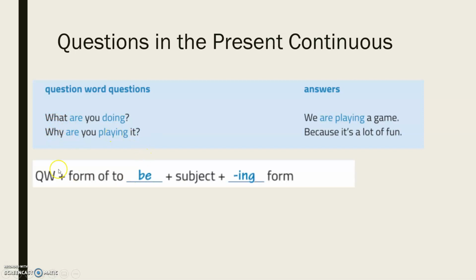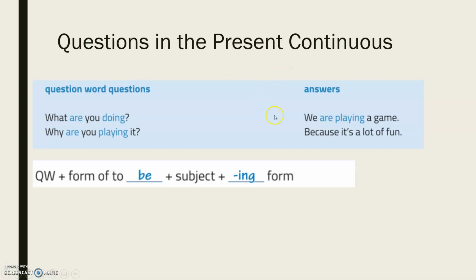And you see that you have, again, the correct form of to be in second place, then the subject and the ing form. So it's exactly the same as the inversion questions or yes/no questions, but of course you add a question word: what, why, who, when, where, and so on.